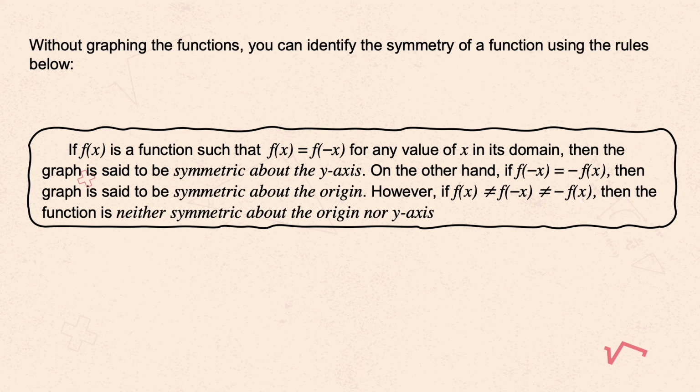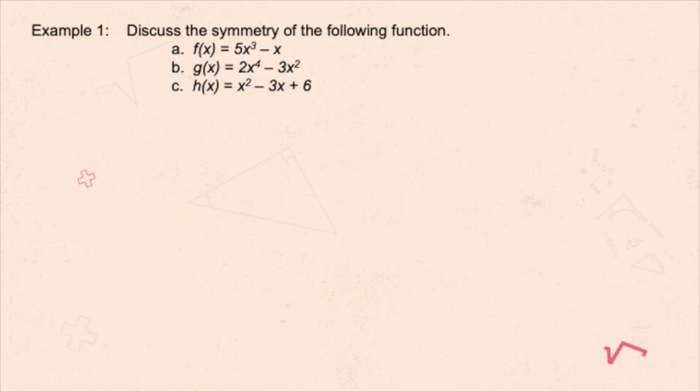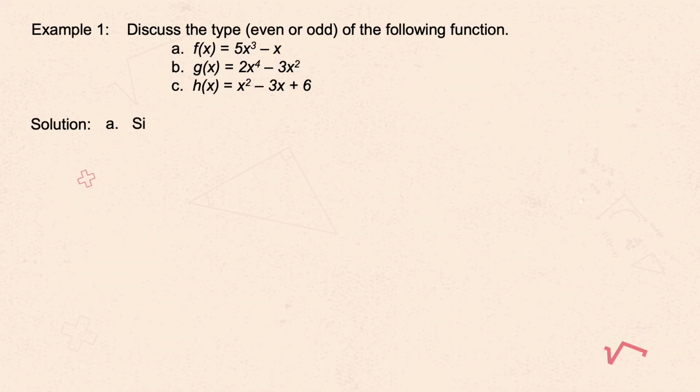Let's have an example. Discuss the symmetry of the following functions. So, let's start first with letter A, which is f of x equals 5x cubed minus x. So let's identify first the f of negative x. Solving this, our f of negative x is negative 5x cubed plus x.